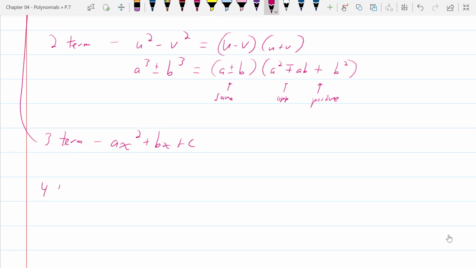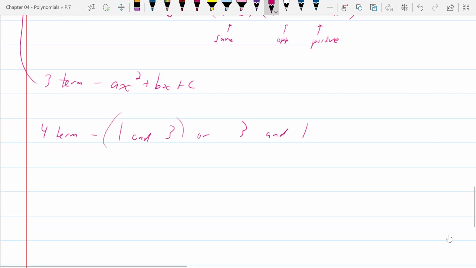Then we have four-term polynomials, and we've done two major types of that. We've done the 1 and 3, or the 3 and 1. That looks something like this, where I'm able to take an ax squared plus bx, oh sorry, let me erase that and just get something.